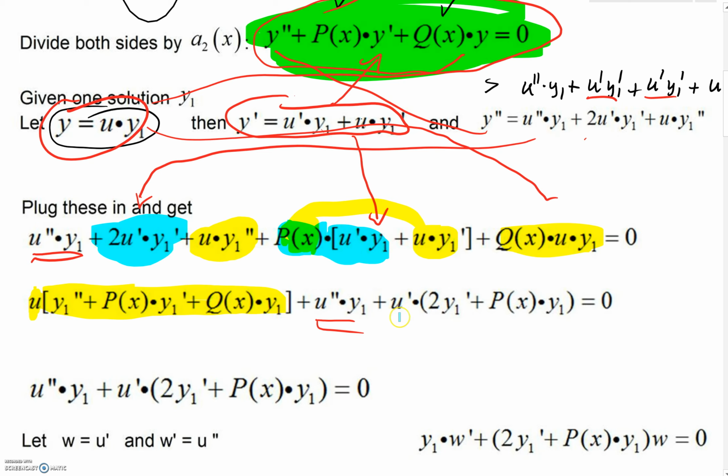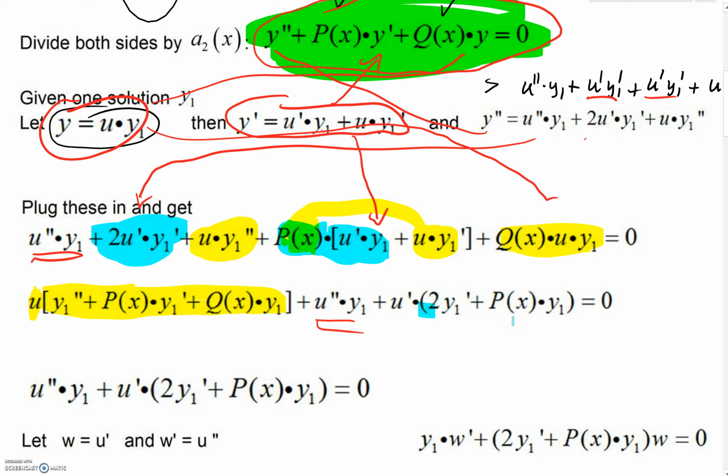We could factor a u prime out in front, and then what are we left with? Well, you would be left with this p of x y1, and we'd also have this 2 y1 also, right? y1 prime, pardon me.